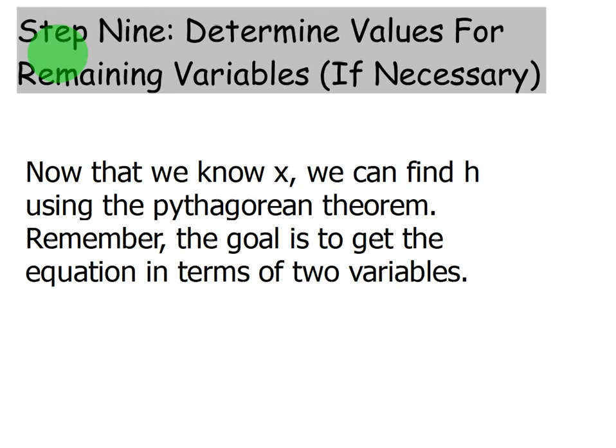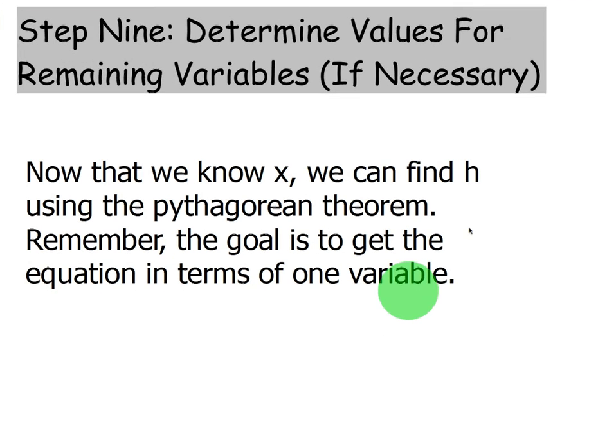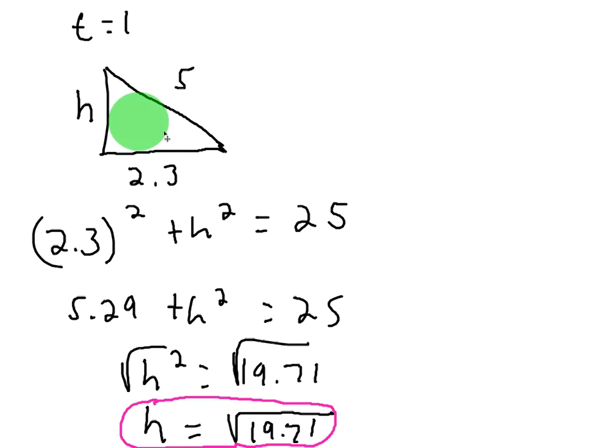And now that we know x, we can find h using the Pythagorean theorem. Remember, the goal is to eliminate the equation down to one variable. So here's what we have: here's the top of the ladder, and here's the ladder itself.